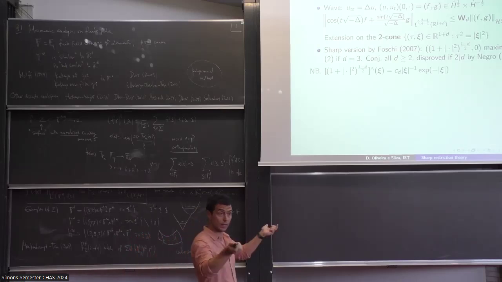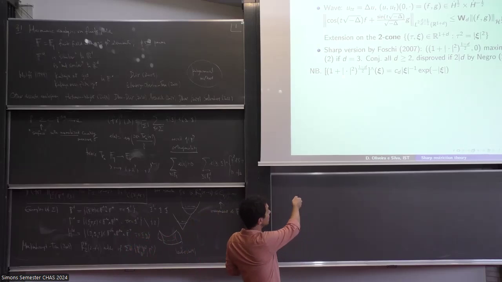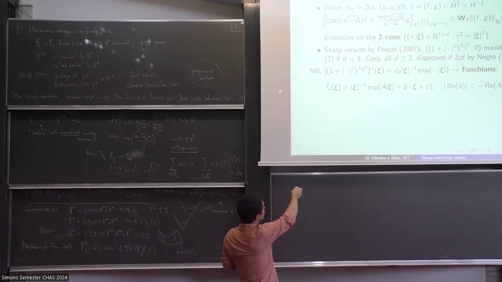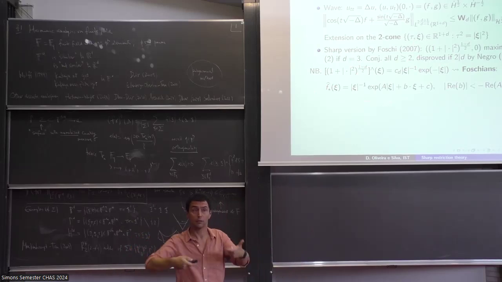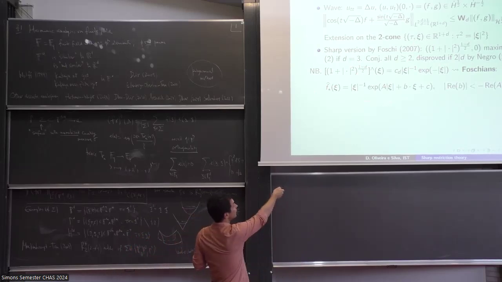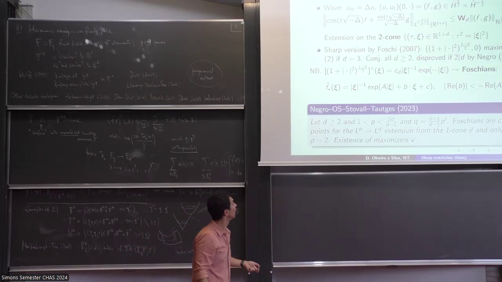If we want to have a list of all maximizers, we noticed that it was easier to go to the Fourier side, because then the maximizers are just this function, e^{-c}/c, when you let the group of symmetries act. And that's what we find in terms of the parameters A and this.